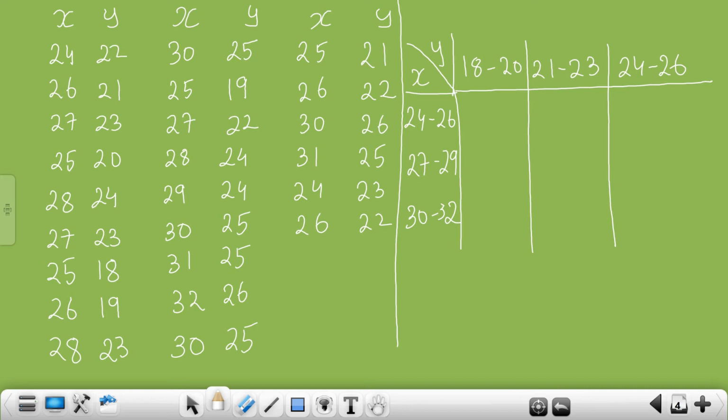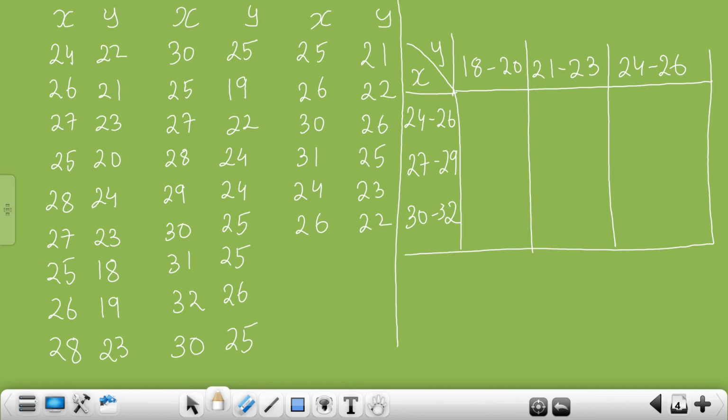You can just accordingly prepare your tables and mark the data. Right, so our first pair of observation is 24 and 22. So we will prepare the table.